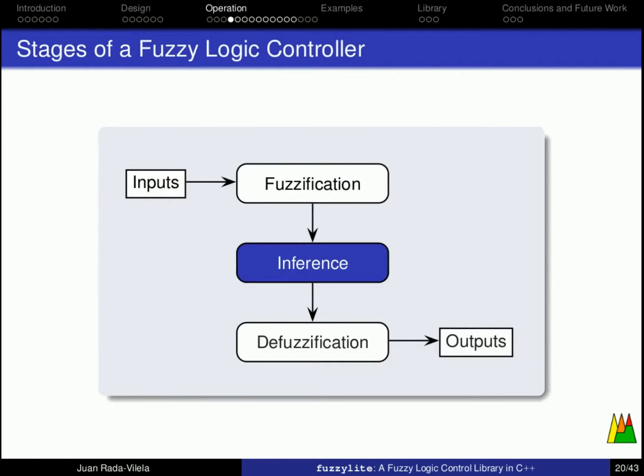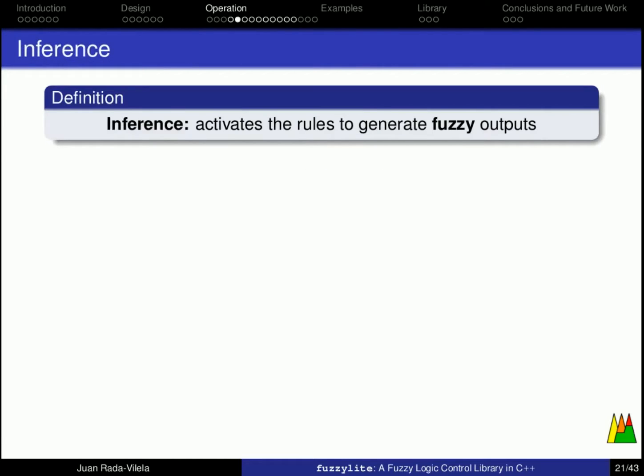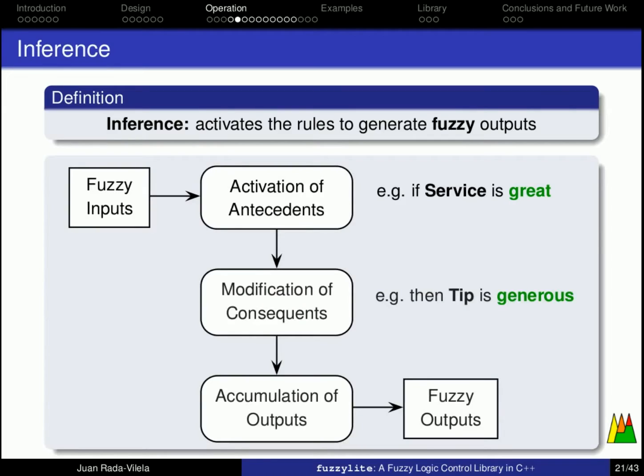The next step is inference, which activates the rules to generate fuzzy outputs. So having the fuzzy inputs from the previous stage, we work first on activating the antecedents, then we modify the consequence of each rule, and finally we accumulate the whole thing together to obtain our fuzzy outputs.